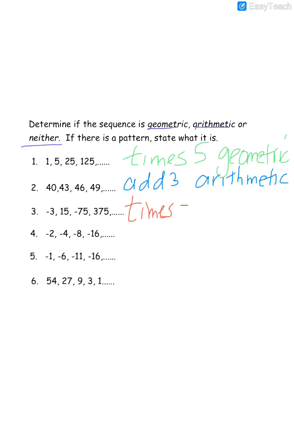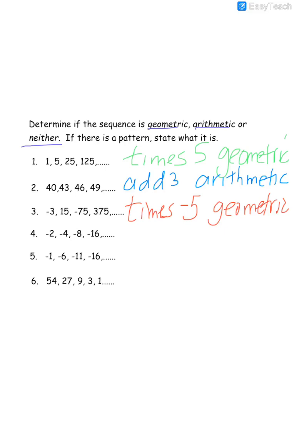How would you get from 15 to -75? I'm going to times it by a negative number. Anybody know what negative number that is? I think it's times by -5. And if you're not sure, you can play around with it. You could guess and check. You could do some dividing to see what it's going to be. But if I'm timesing by something again, it's going to be a geometric sequence.